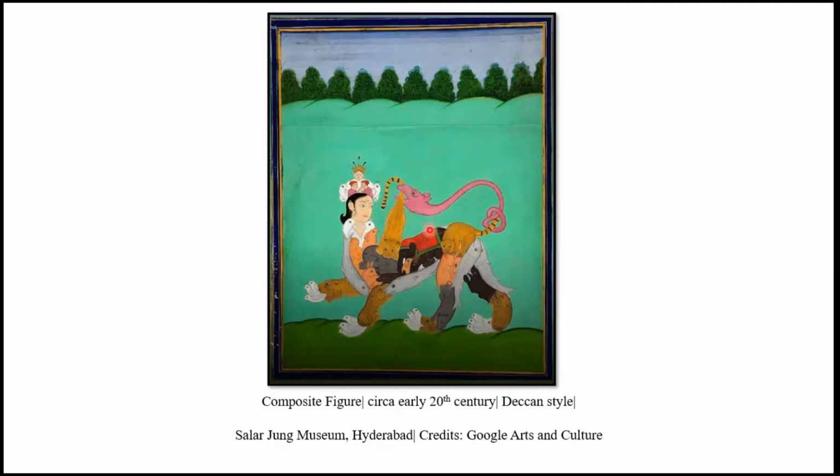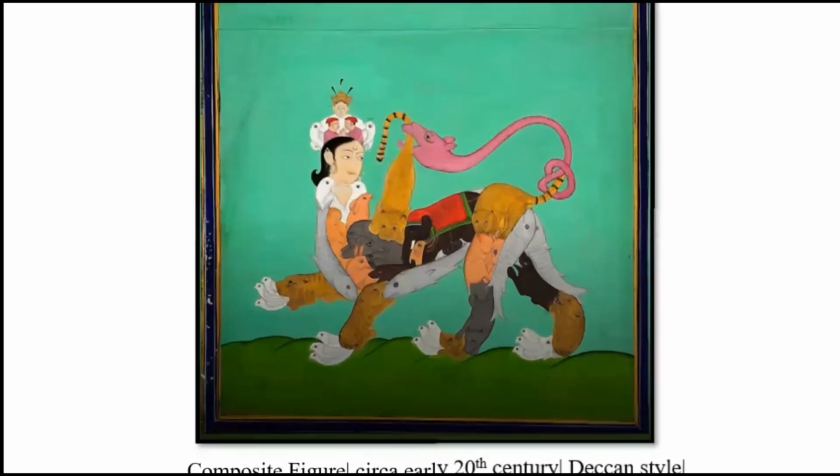This is another Al-Buraq. She has these birds as her feet, some more fishes, and again the same theme of the tiger attacking another animal. And I don't really know what this particular animal is supposed to be, this long-necked animal.